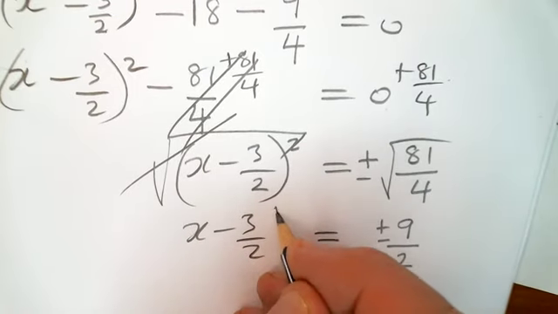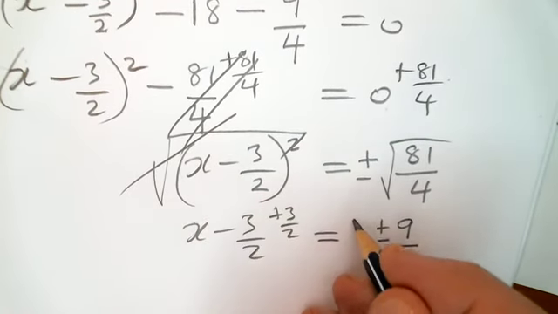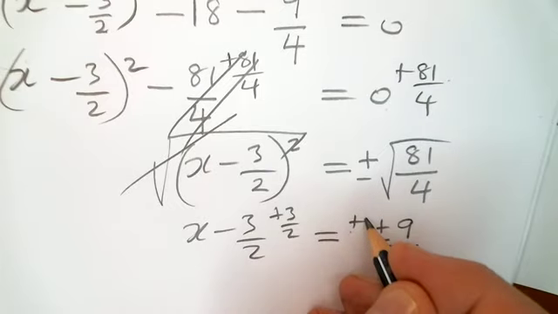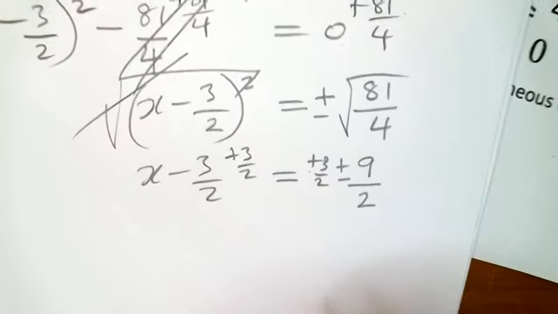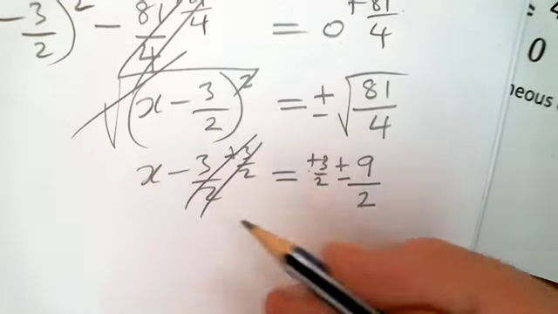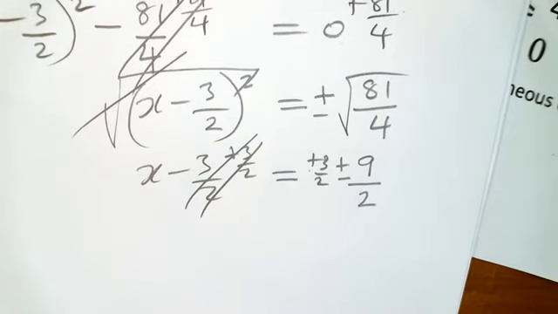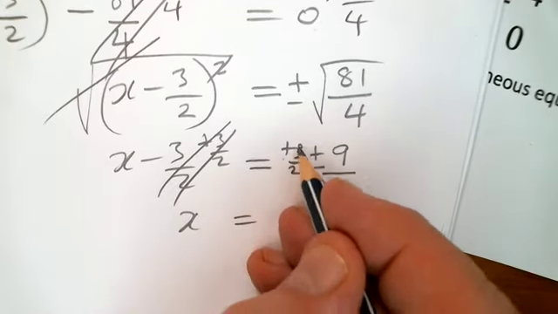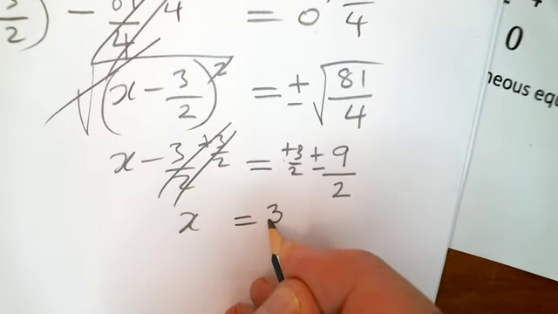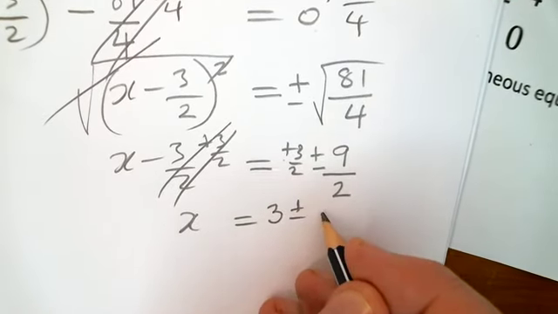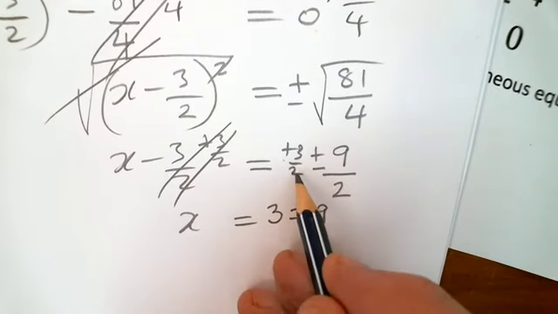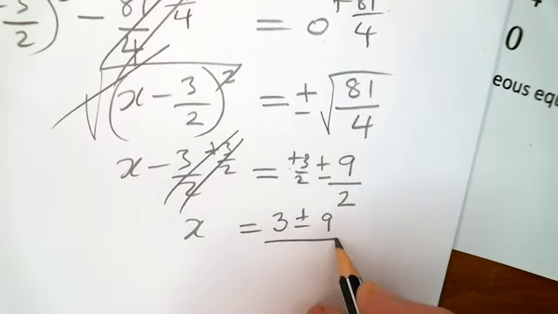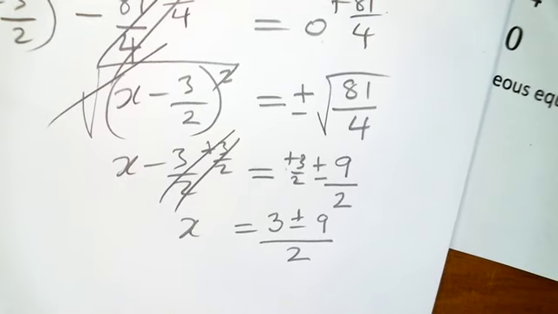So I'm going to add 3 over 2 to both sides, plus 3 over 2. Now, when I do it, the first thing I notice is 3 over 2 minus 3 over 2 is 0. So I'm left with x is equal to. On this side, though, I've got 3 plus or minus 9, but the common denominator is now 2, so I can just put the whole thing over 2 like that.